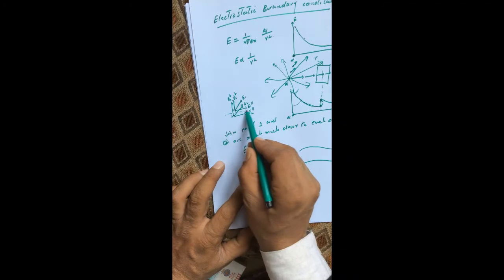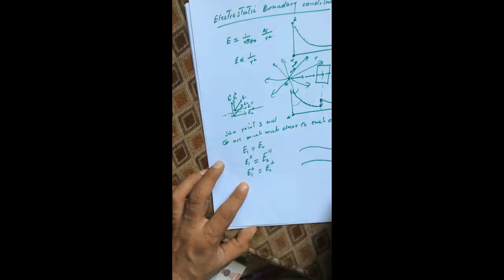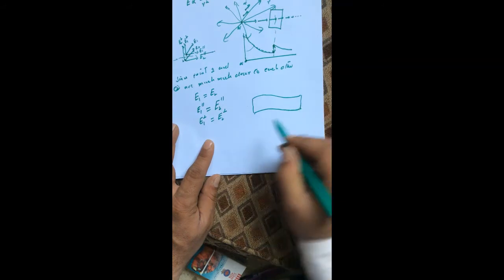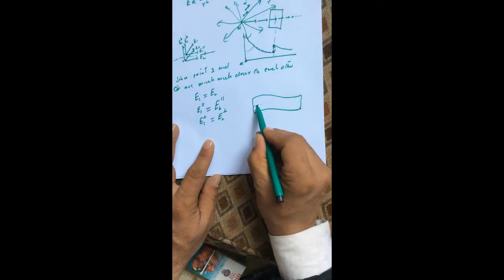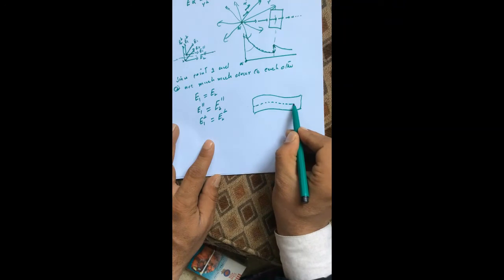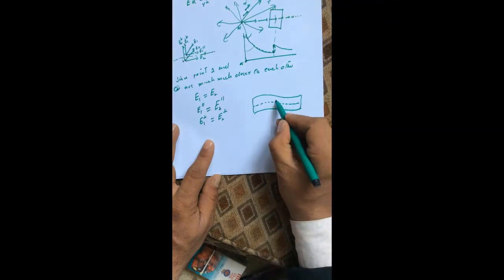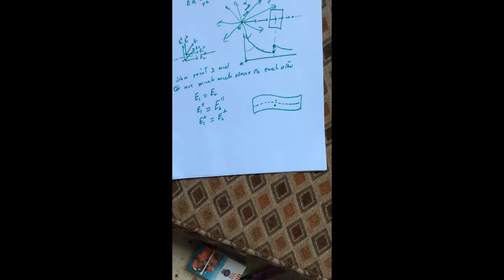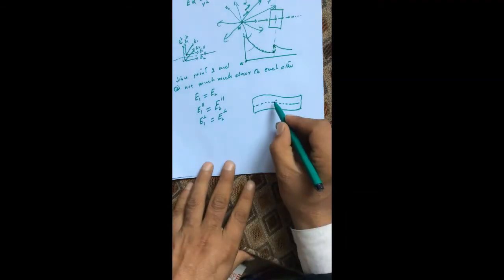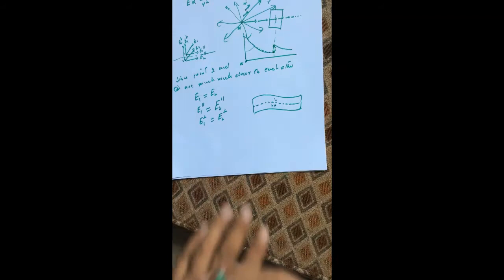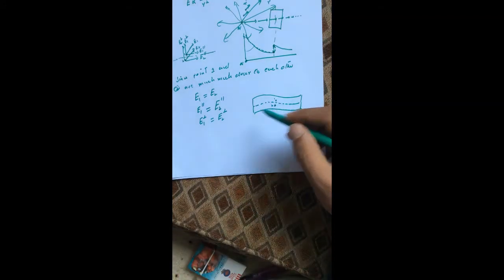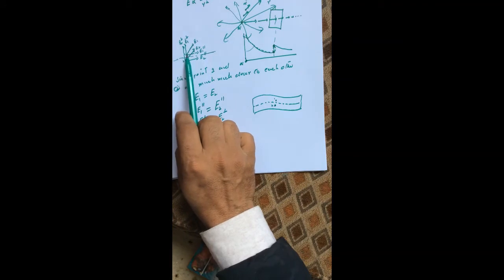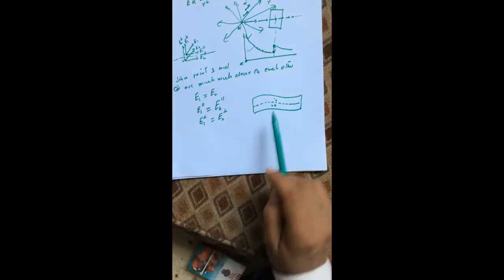So this is the surface, and we consider 2 points. One point is above this surface and the other point is below this surface. So this is point 1 and this is point 2, such that point 1 is above the surface and point 2 is below the surface.